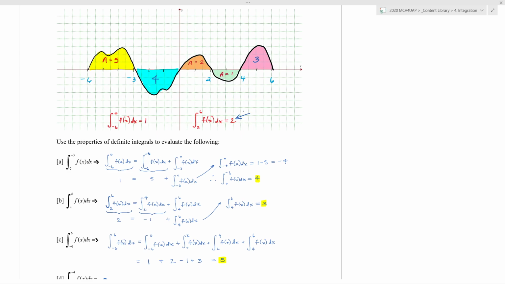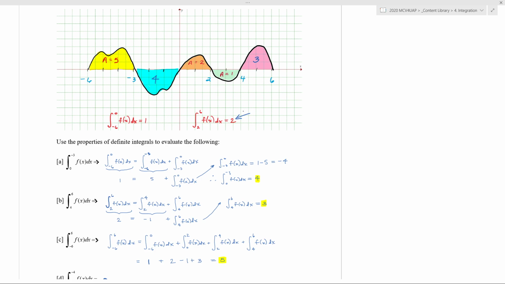Actually, you have to interpret it as -1. We're just told that that green shaded area has an area of 1. But if you're integrating from 2 to 4, the definite integral value is -1. And the only thing left in the expression is the integral from 4 to 6. You bring the -1 to the other side and we get a value of 3. And that's it.